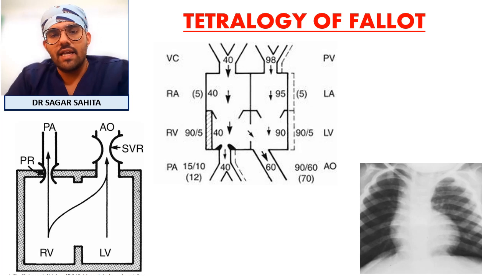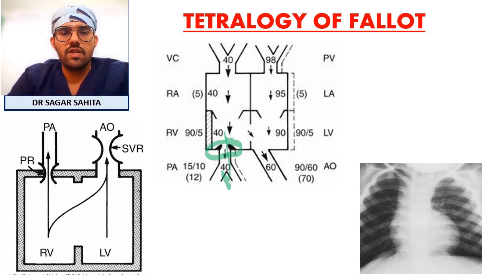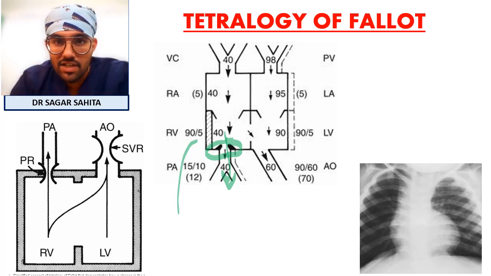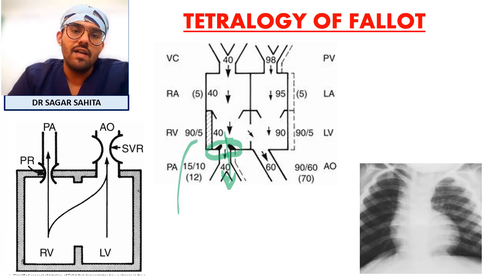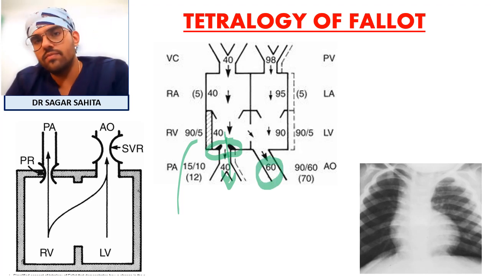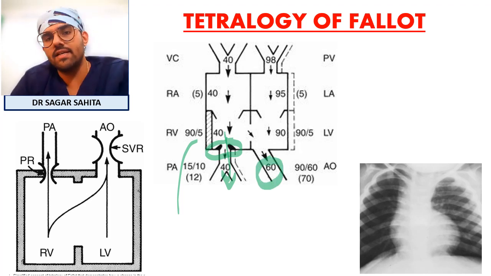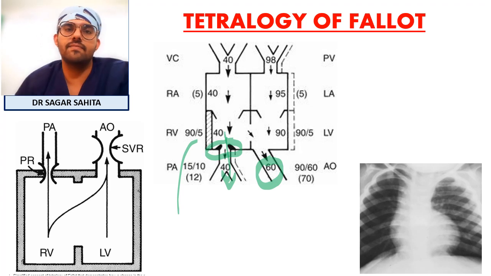On the other hand, if the PS is extremely severe, there is less blood flow through the lungs, less intensity of the murmur, less oxygenation happening, and saturation is very low.